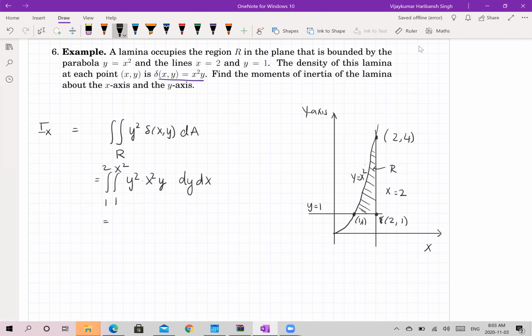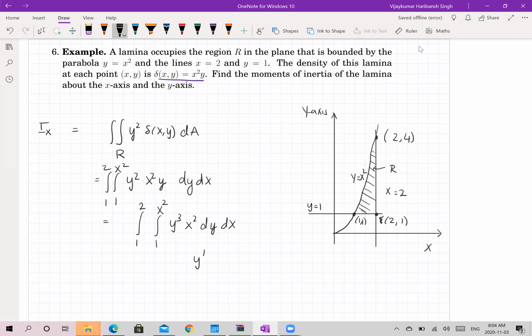So this integral is now 1 to x squared of y cubed x squared dy dx, 1 to 2. So this is what your Ix is, the moment about x-axis. So let's compute this integral now.